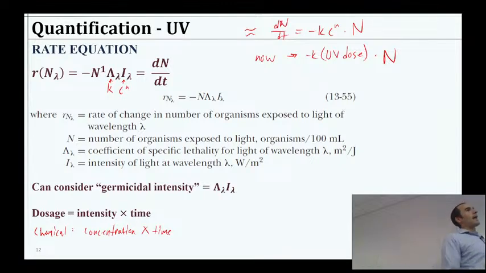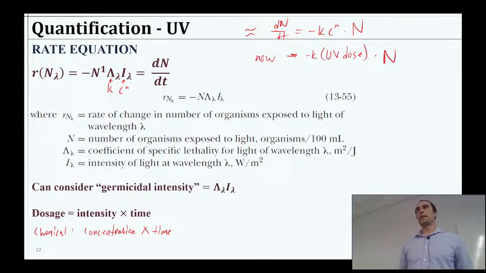So we can take a look at things like flux of light and things like that. At the end of the day, we are really just dealing with how much light has the water received, and over what time period. That's the deal. You should pretty much be equipped based on all the other mass balance stuff we've done to deal with this.